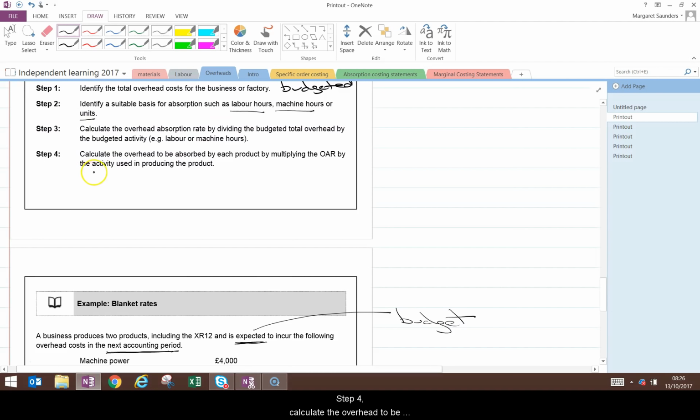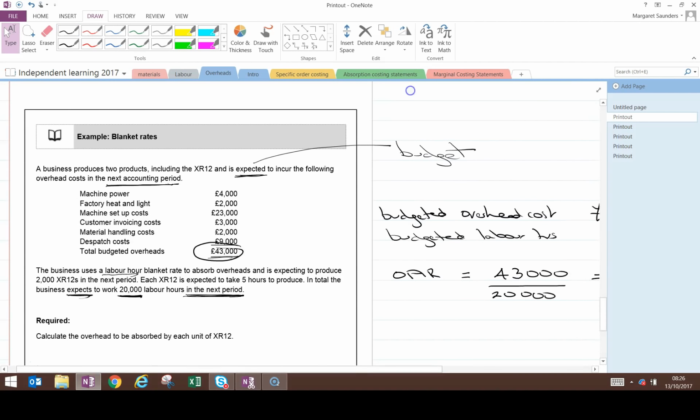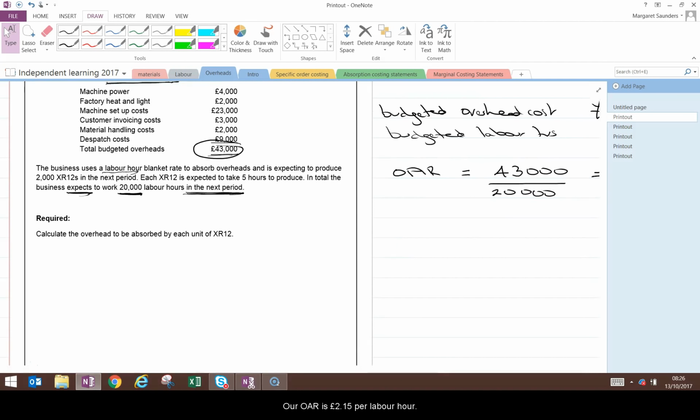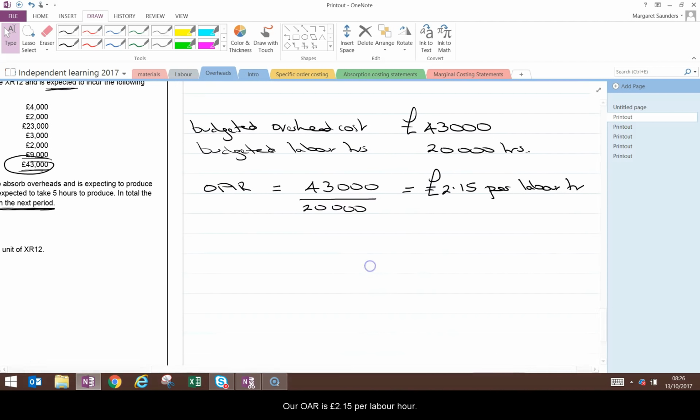And step 4, calculate the overhead to be absorbed by each product by multiplying the OAR by the activity used in producing the product. So our OAR is £2.15 per labour hour.